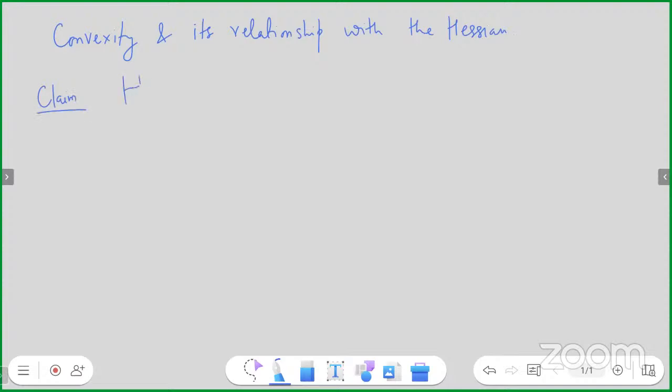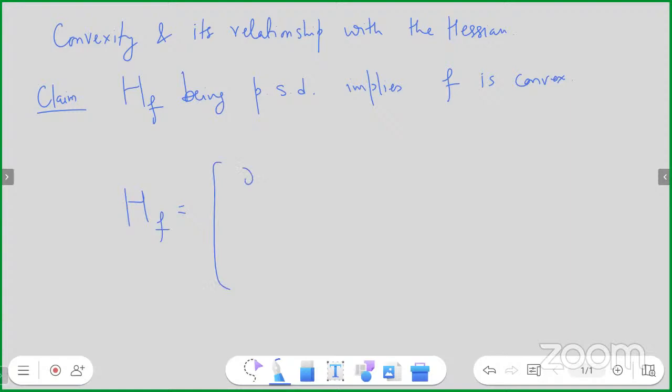So Hessian being PSD implies... I think I made a hash of defining.